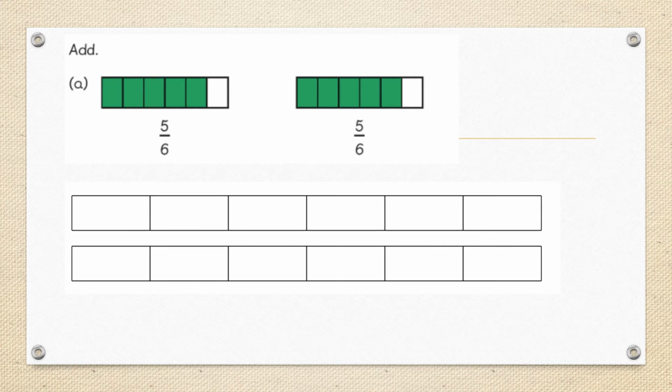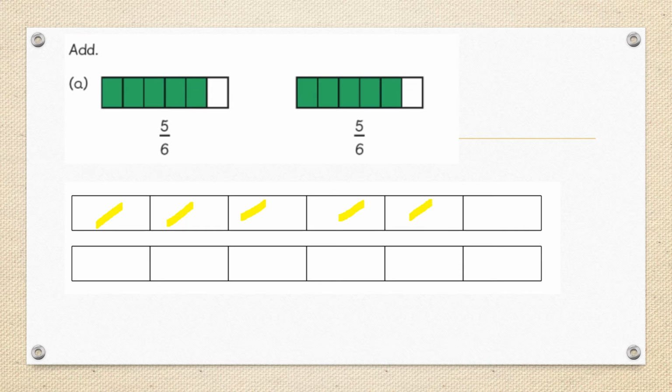Here is another example, and I'm going to work through this one with you. We have 5/6 and 5/6. I'm going to use this pictorial model to help me. I'll show you how I'm going to do it. 5/6, the first one. 1, 2, 3, 4, and 5.